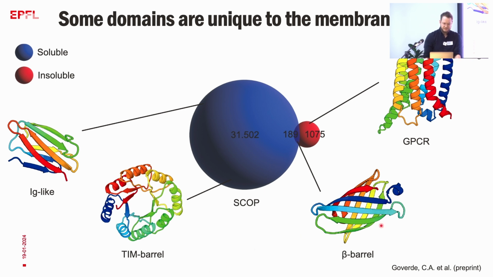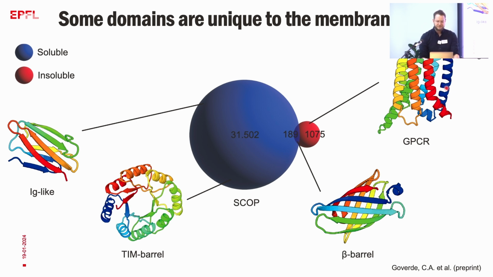Some proteins, like the beta barrel, you can find in both the soluble proteome and the insoluble proteome. So you do find some beta barrels in the membrane. And then there are these unique topologies, such as the GPCR, which are exclusively found in the membrane.